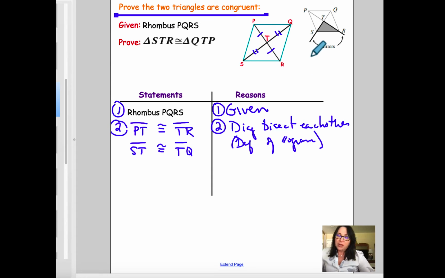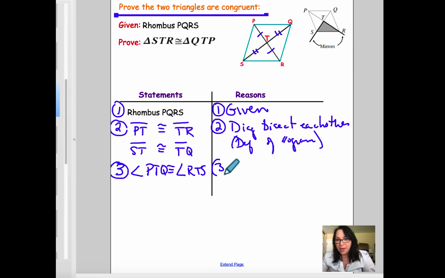So we have those equal. Now, all I need to do is either say PQ is congruent to SR, or I can say the angles in the middle are congruent, which I am going to do. So number 3, I'm going to say that angle PTQ is congruent to angle RTS.